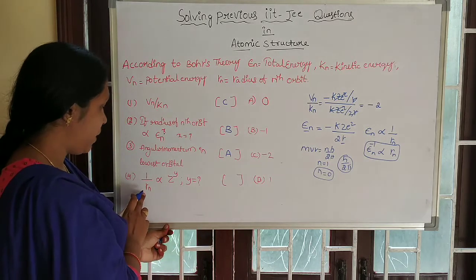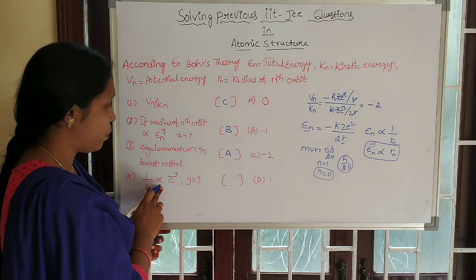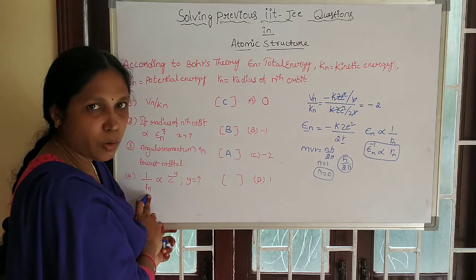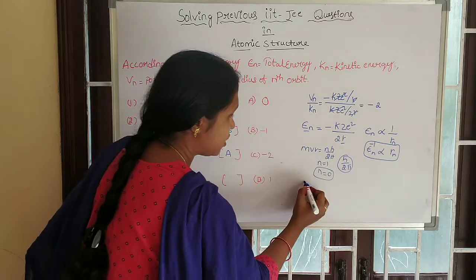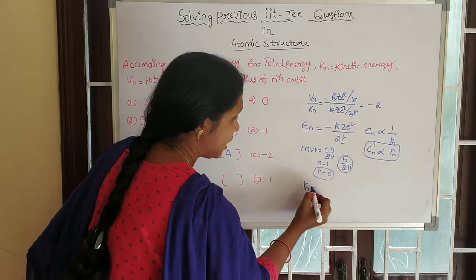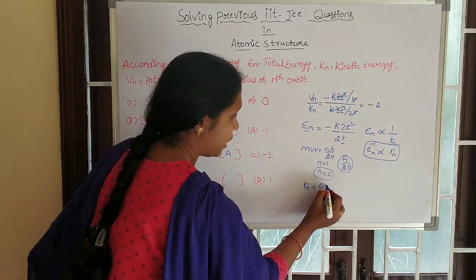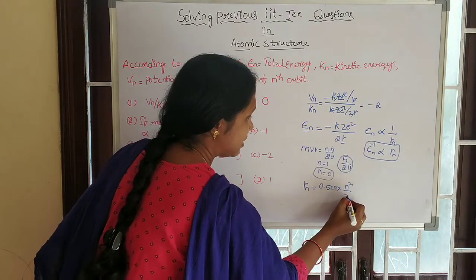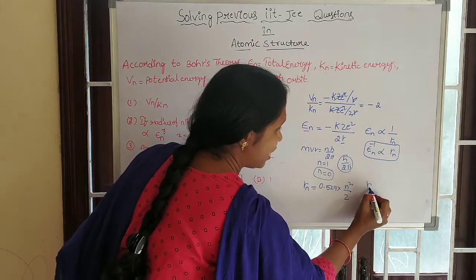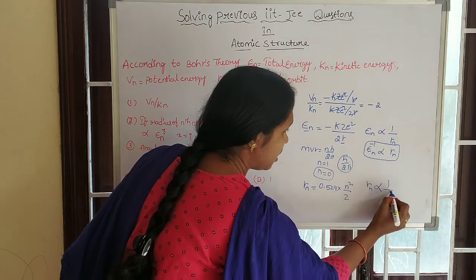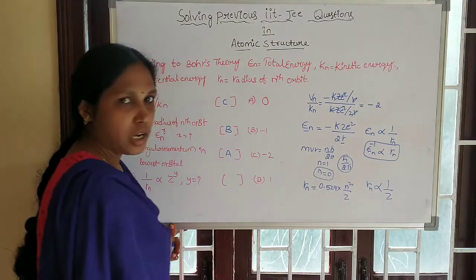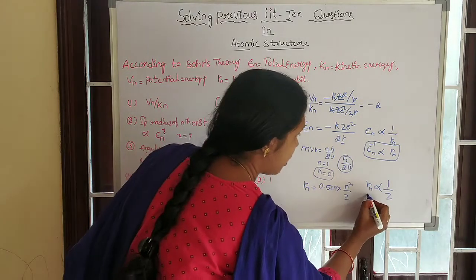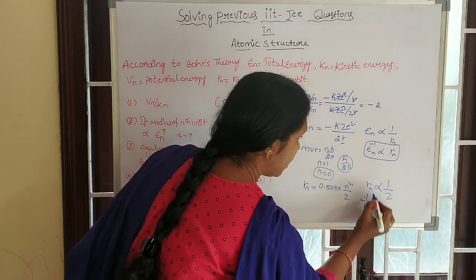And 1 by Rn is proportional to Z power y. Here Rn means the radius of the nth orbit, which is equal to 0.529 into n squared by Z. That means the radius of the nth orbit is inversely related to atomic number.